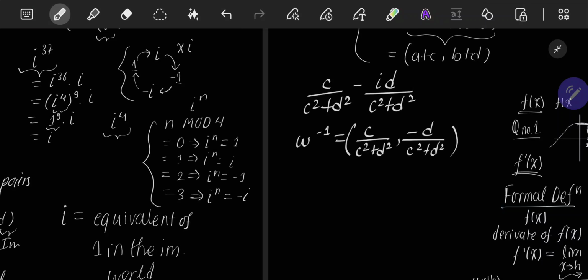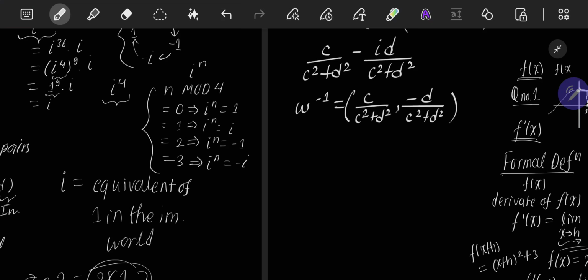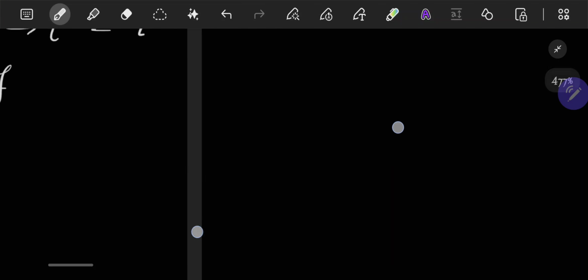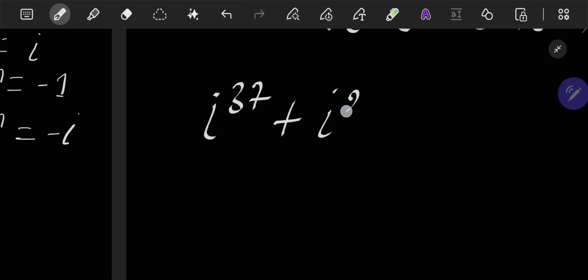And I guess I should give you some problems to try. So, I want you to find the value of I power 37 plus I power 21 plus I. So what's the value of this?